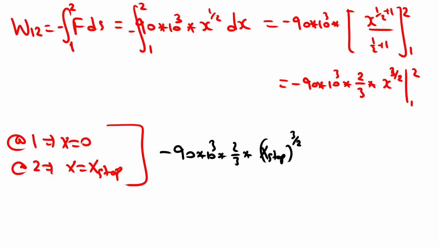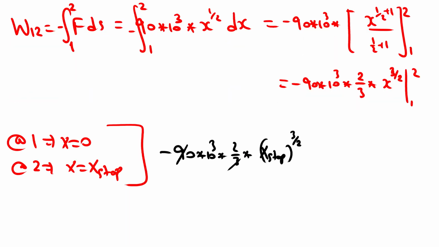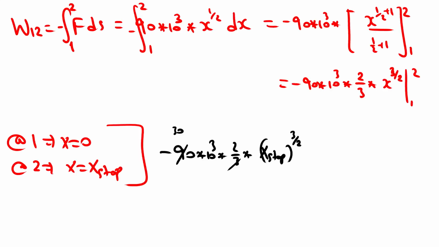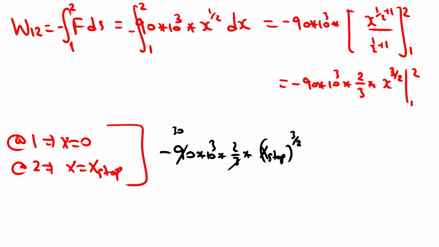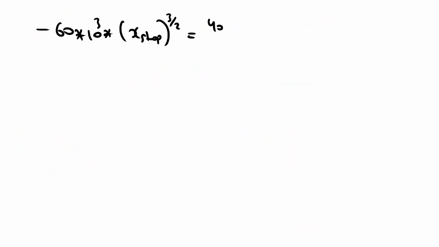This is the left hand side. Now to solve the equation, cancelling terms, we get negative 60 times 10 to the power of 3 times x stop to the power of 3/2.